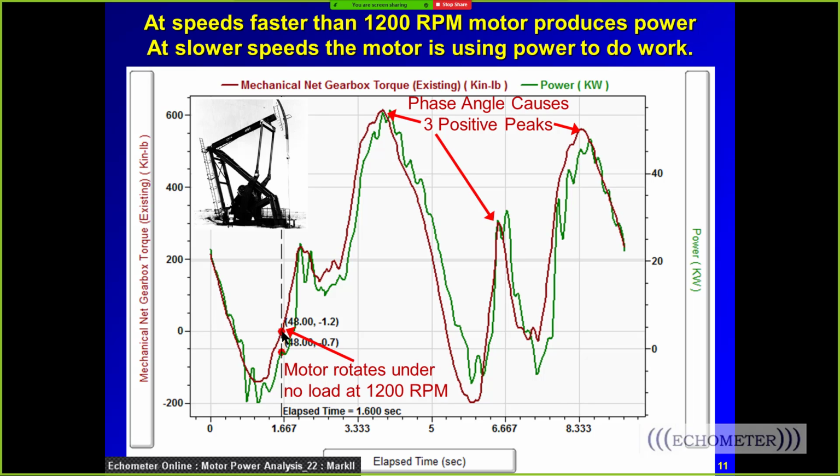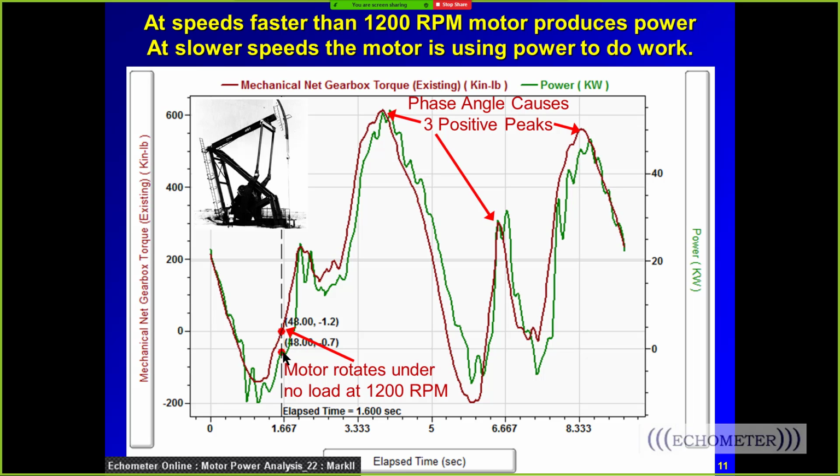Now, right here on this, I put an arrow and marked where the zero torque occurs. That's when the motor is no longer loaded because the torque on the gearbox is zero.